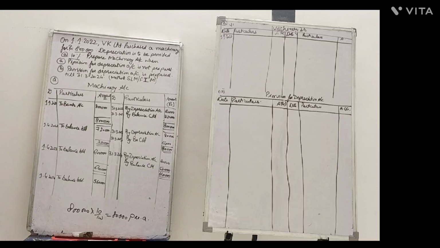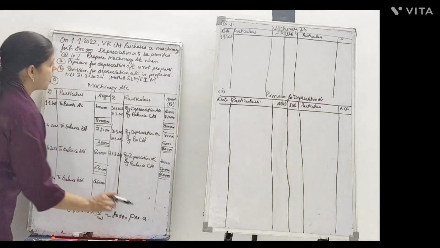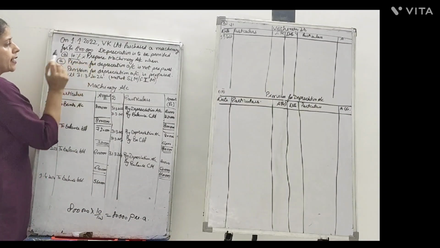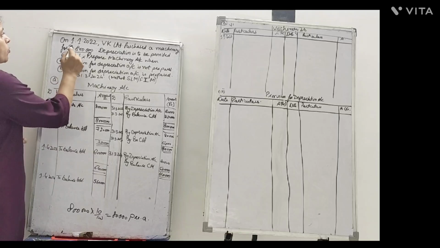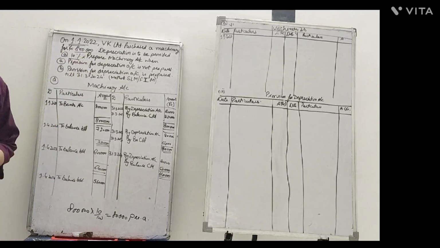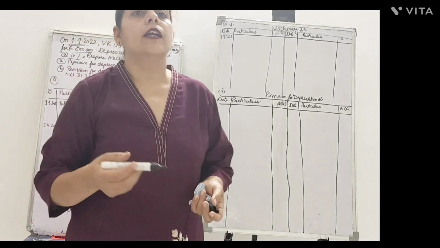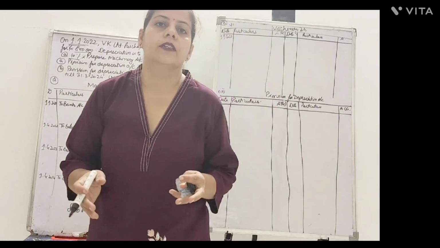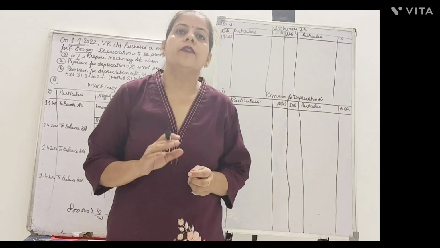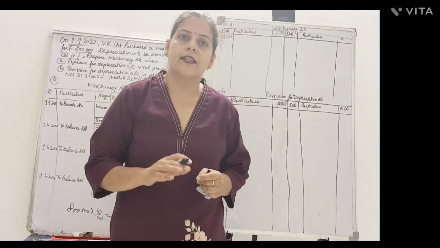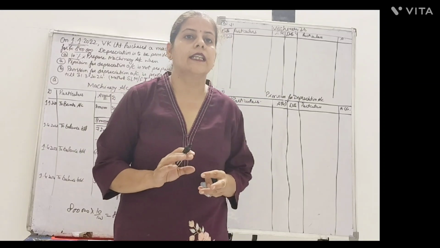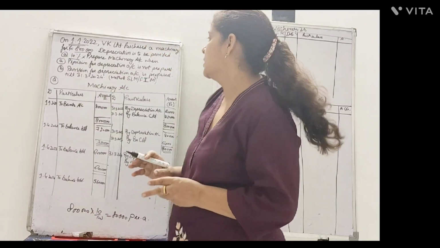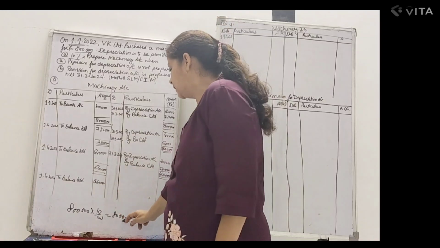The point here is that in this question I am not given "per annum". So in this case, whether the machinery is purchased on 1st of January or the last date of the year, we will not consider the days or months; rather we will take the full depreciation, that is rupees 80,000.